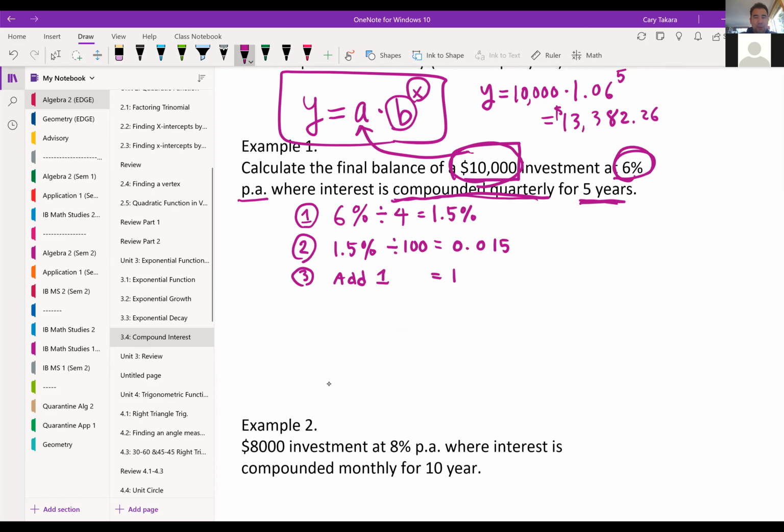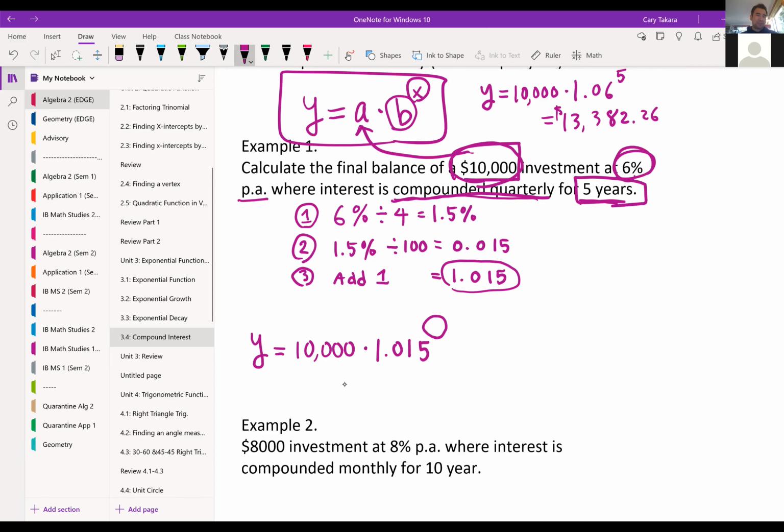So it will be 1.015, and that is the number for B. So let's form the equation. Y equals 10,000 times 1.015. Now, let's stop. The time is 5 years.